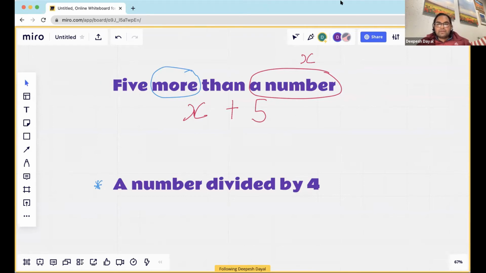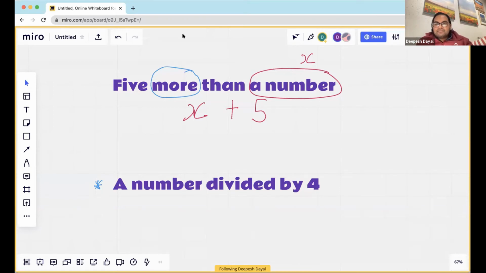Let's have a look what you all saying. 4 over x. Okay. Bontle, why isn't it x over 4? Why is it 4 over x? I'm just wondering.